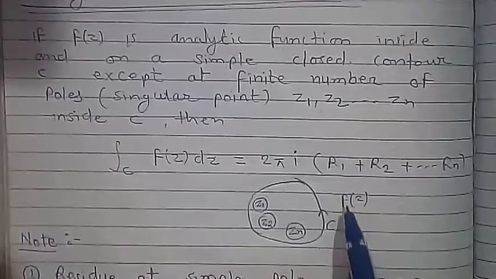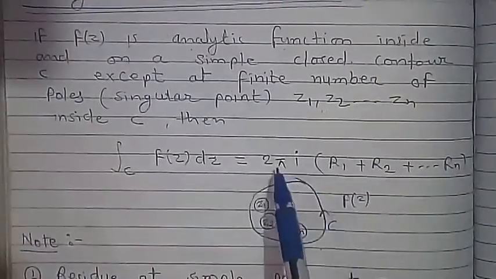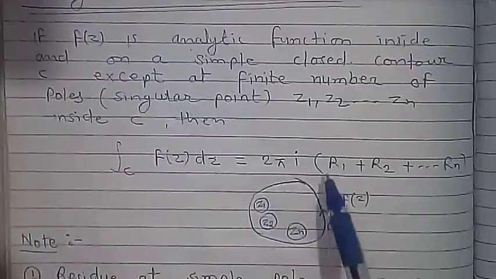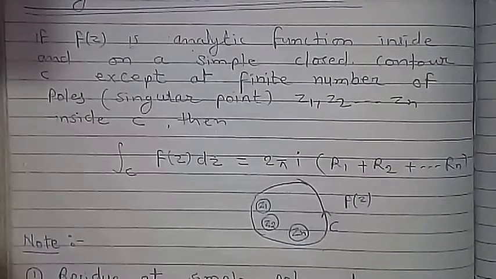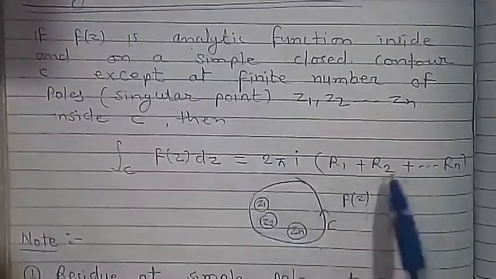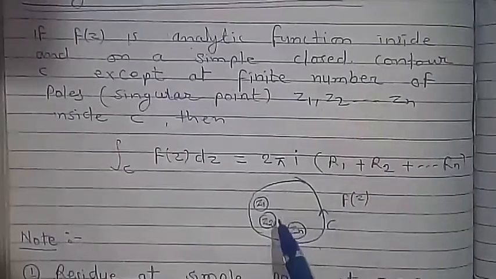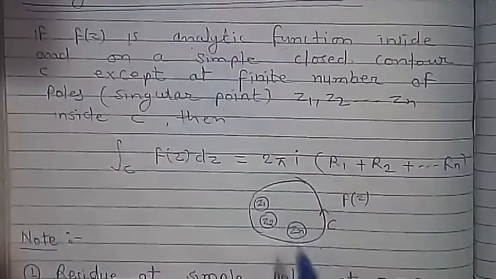When the function is not analytic at these points, then we will get the value 2 pi i into (r1 plus r2 plus ... rn). r1 is the residue corresponding to z1, r2 is the residue corresponding to z2, and rn is the residue corresponding to zn.